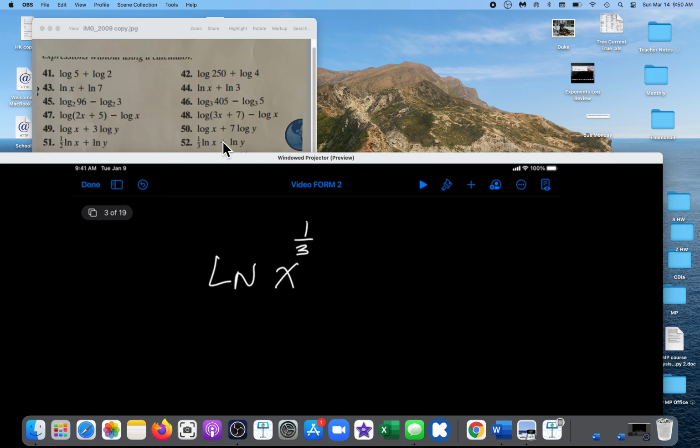And then the y can be written as is, and the final answer is as shown. I don't know if your teacher might want you to change that to ln cubed root of x times y, but both of these are correct.